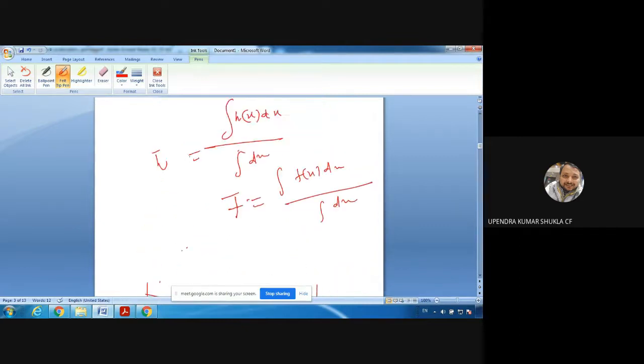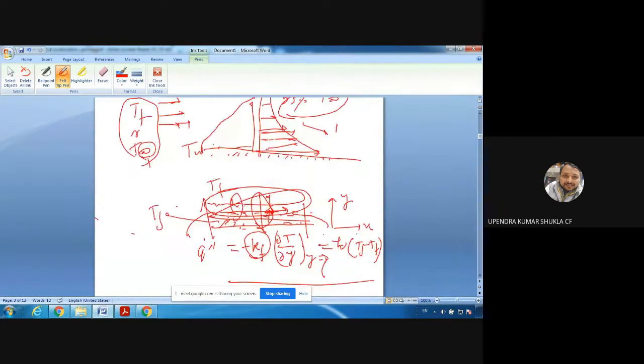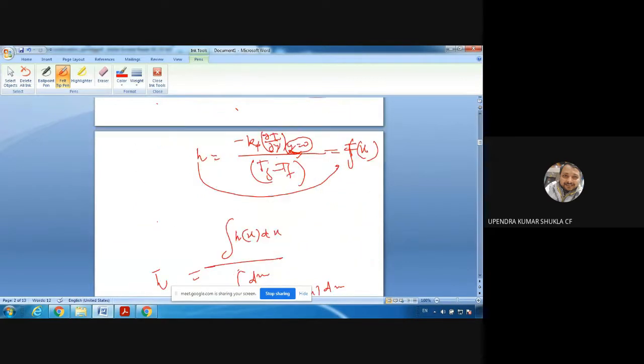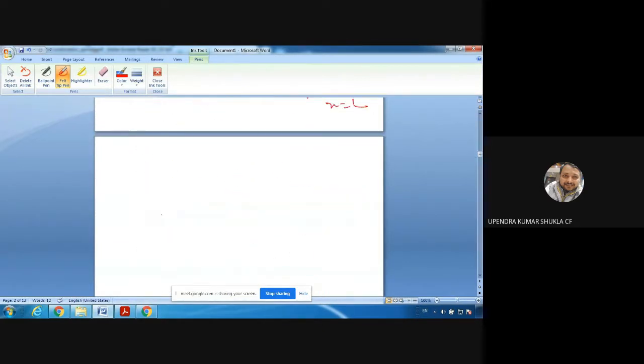Now one more thing I would like to define right here itself. Since temperature is changing with x and y both, you see. So x and y direction temperature is changing, so how will you define the average fluid temperature? Since fluid temperature is changing, so average fluid temperature, how will you define?